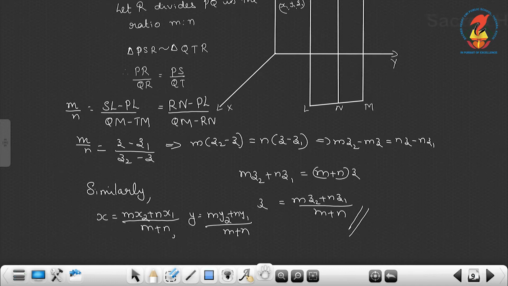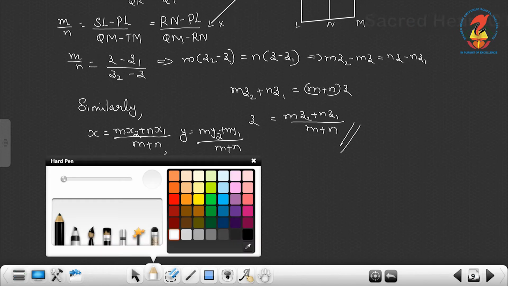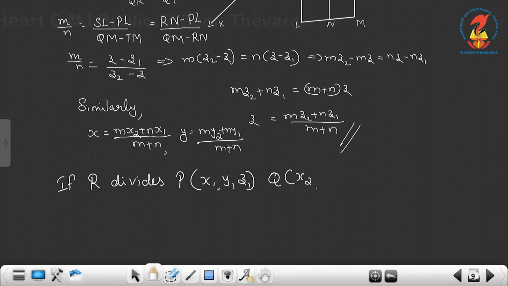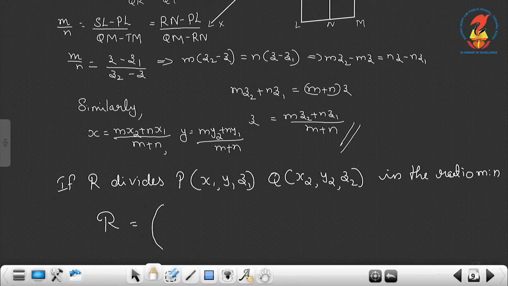So what is the section formula? If R divides PQ, where P is (x1, y1, z1) and Q is (x2, y2, z2), in the ratio m is to n, then the coordinates of R, three coordinates are there.